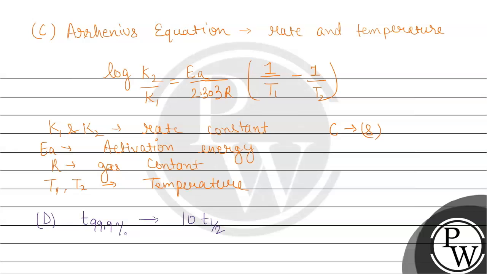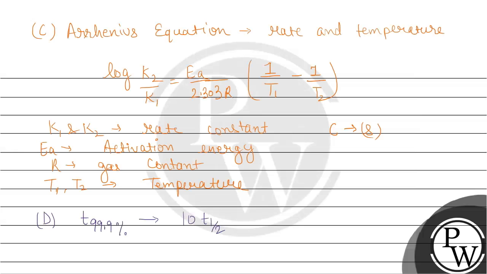T half is the half life of the reaction, and we can prove this by the formula. The general formula for a first order reaction is Kt equals 2.303 log of A0 divided by At.